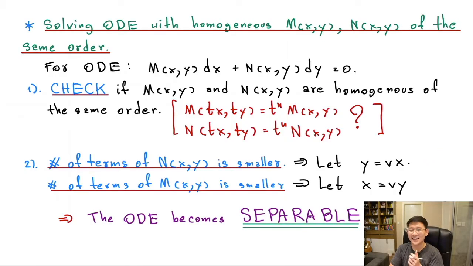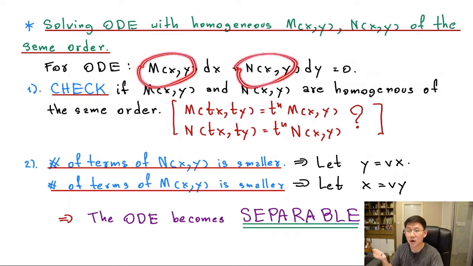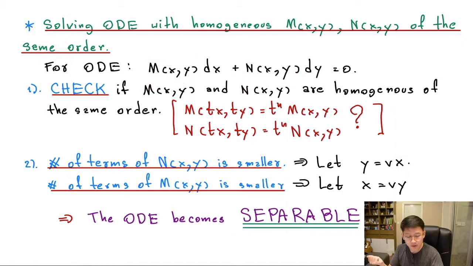So here we go back here. If m and n are homogeneous of the same order, we see whether the number of terms in n is smaller, there's less terms in n, we let y be vx, right? We let y be vx. But if the number of terms in m are smaller, we let x be vy. Okay?